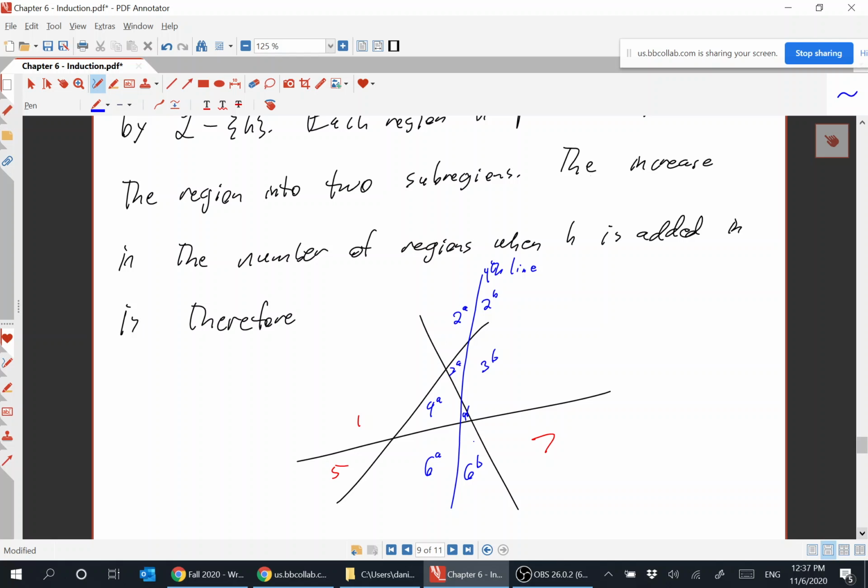We went from 7 to 11. We got 3 red ones and 8 blue ones. That's an increase of 4, which is equal to the number of lines, and is double the amount of regions you've cut through.